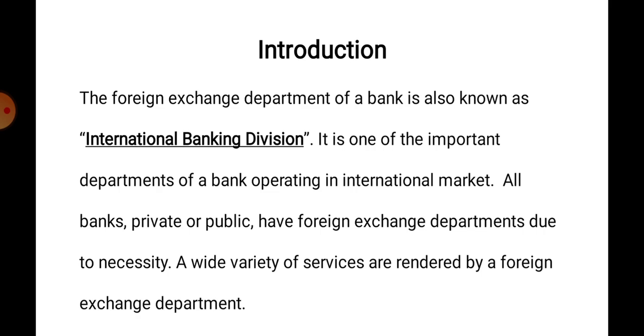All the banks, whether private or public, scheduled or non-scheduled banks, must have foreign exchange departments due to the necessity of international trade. Therefore, they are rendering various types of services to its customers.